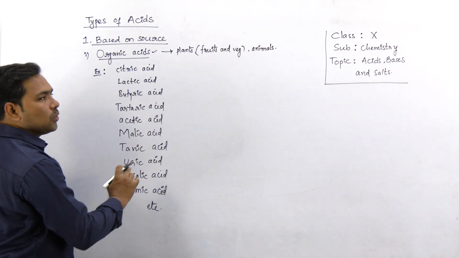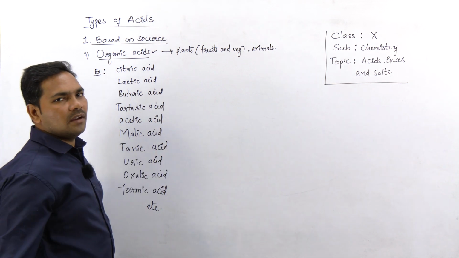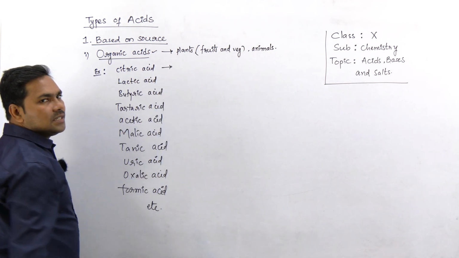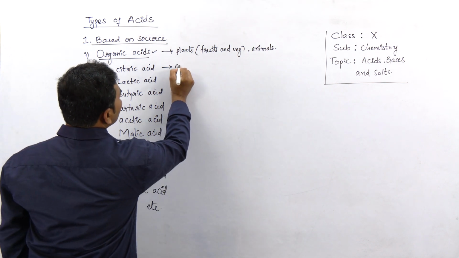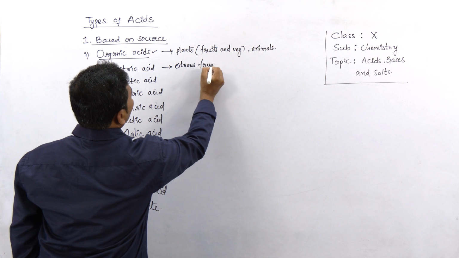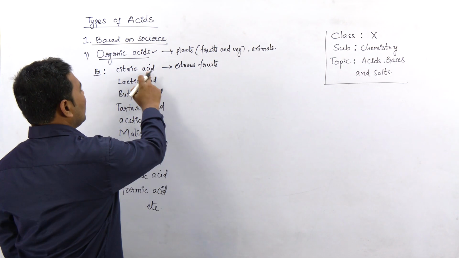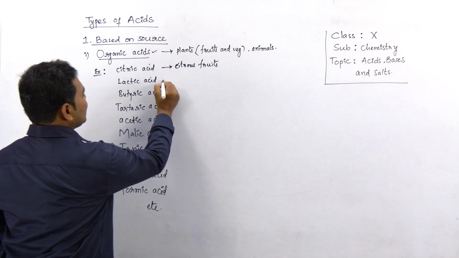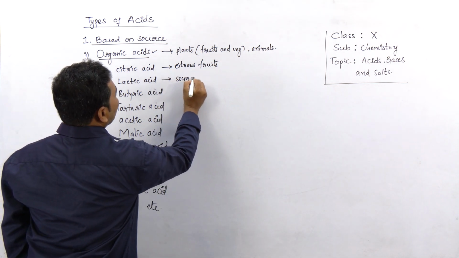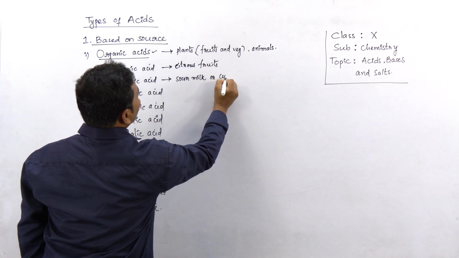Then how about their sources? The sources are vegetables, fruits and other animals. Let us see the sources of first, citric acid. We know citrus fruits like lemon and orange, those pulpy fruits, are the sources of citric acid. Next, lactic acid is present in sour milk or curd.